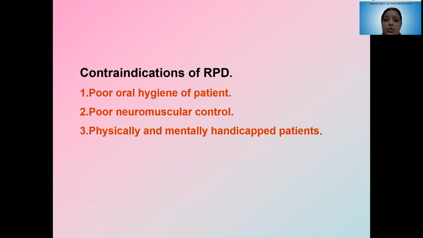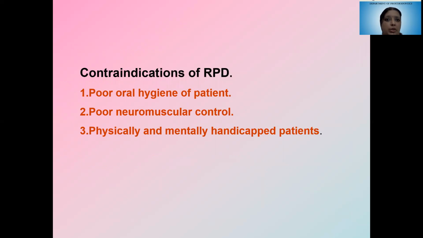When should you not do a removable partial denture? The patient does not maintain proper oral hygiene, brushing, multiple caries are there, the patient is not able to maintain the periodontal health, do not go for a removable partial denture.